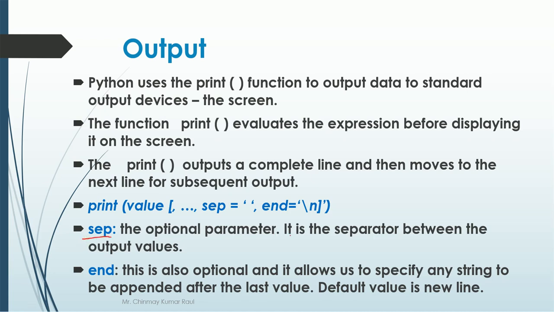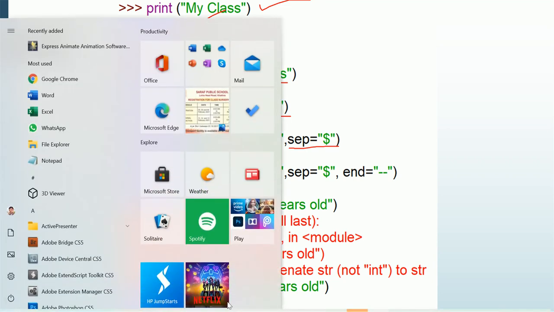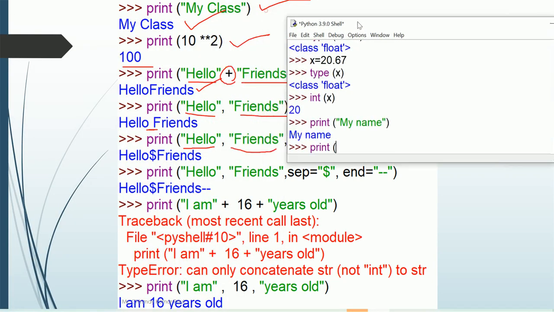Separator is an optional parameter, it is the separator between the output values. And end is also optional, and it allows us to specify any string to be appended after the last value. By default it is new line, it comes to the next line. Practically, I'll show you now.